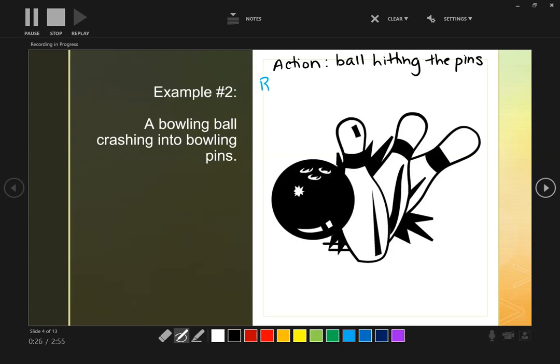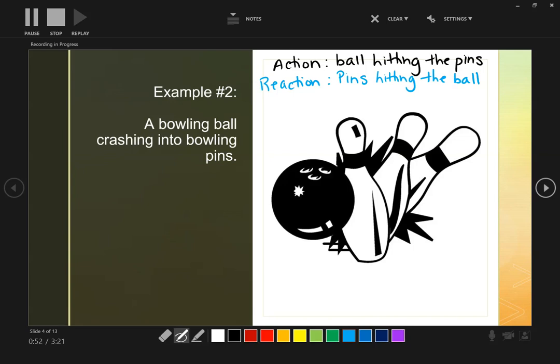What is the reaction force? Now this might be a little tricky. Remember that forces need to be equal and opposite. So what's the reaction? The answer is the pins hitting the ball.